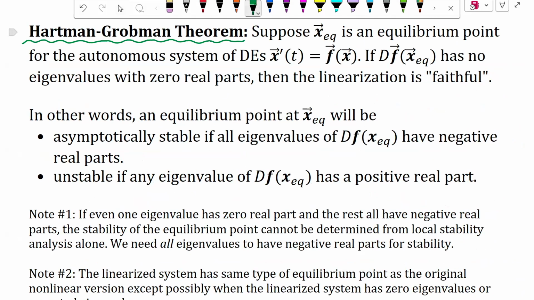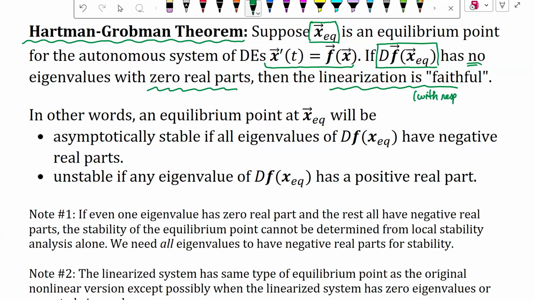So let's suppose we have an equilibrium point that we've labeled x sub eq, and we're looking at an autonomous ODE system. As long as the associated Jacobian matrix evaluated at that equilibrium point has no eigenvalues with 0 real part, then we can say that the linearization is faithful with respect to stability.